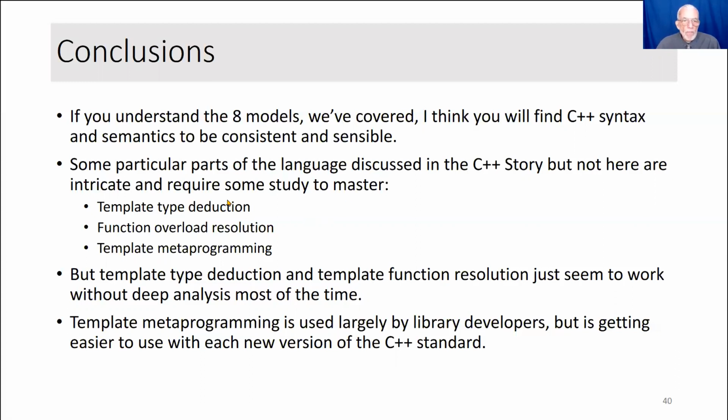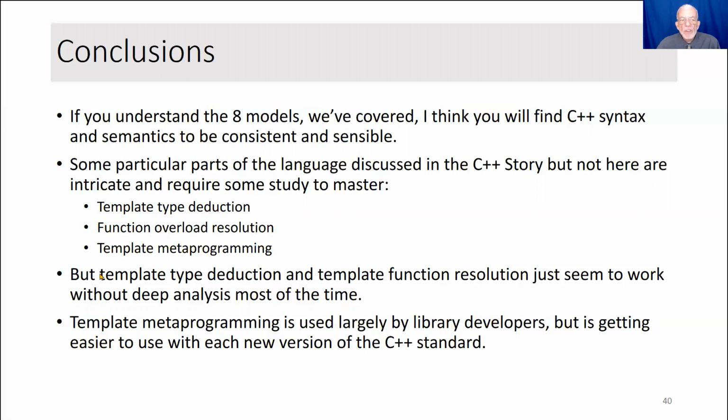So some particular parts of the language are discussed in the C++ story, but not here. They require some fairly detailed study: template type deduction, function overload resolution, template metaprogramming. All of these things get into some fairly sophisticated details, and again, we cover a lot of that in the C++ story, so you're invited to go take a look at that, and I'll show you where in just a second.